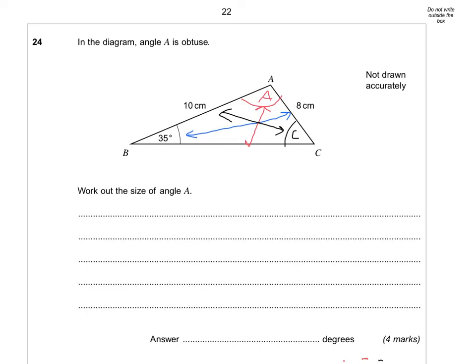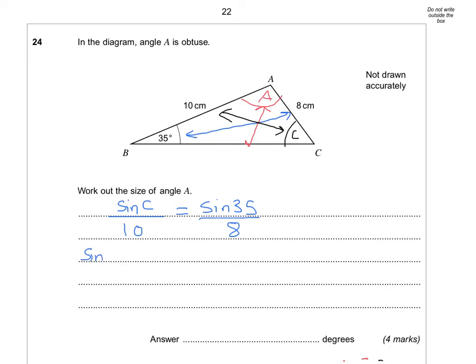So using the sine rule, we know that sine of angle C divided by the side opposite it, 10, is equal to sine 35 divided by 8.